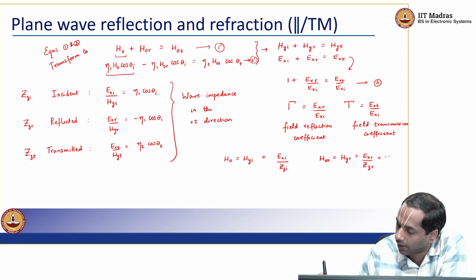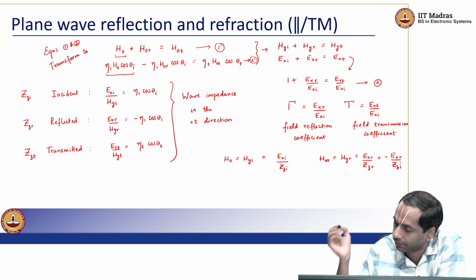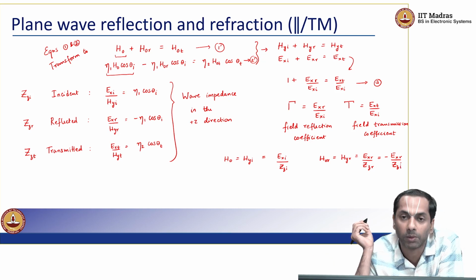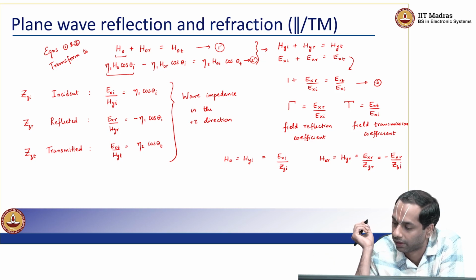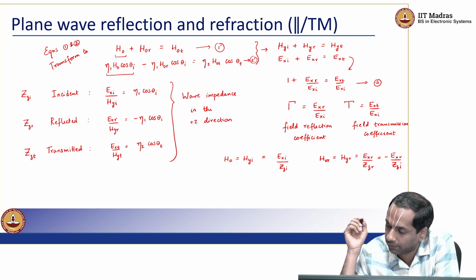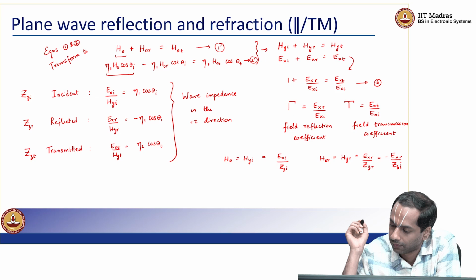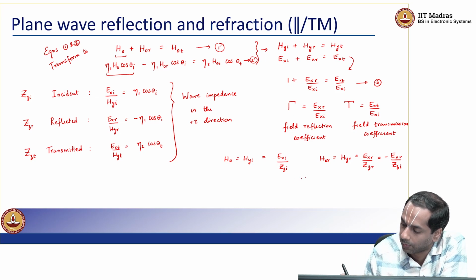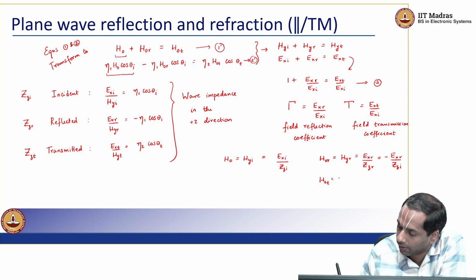But when I write this in terms of Zzi, remember Zzr is minus of Zzi. Similarly, we can write H0t, which is Hyt, which is Ext by Zzt.